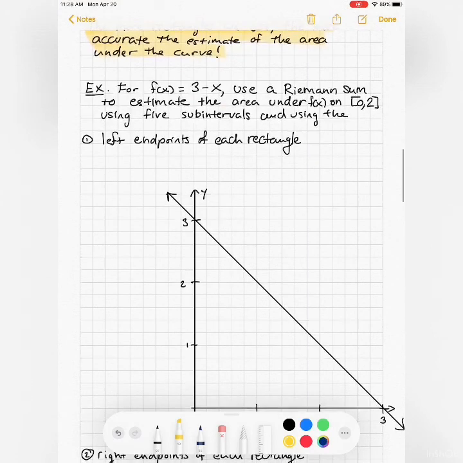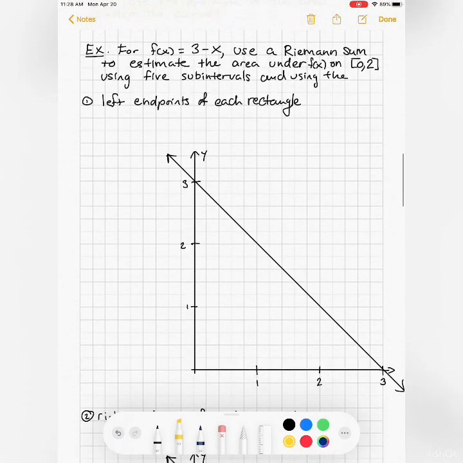So here's another example. For the function, f of x is 3 minus x. Use a Riemann sum to estimate the area under f of x on the interval 0 to 2. Use 5 subintervals.